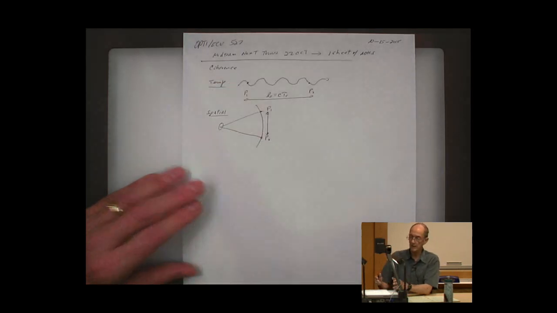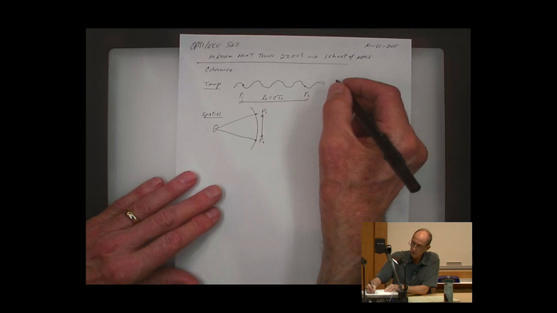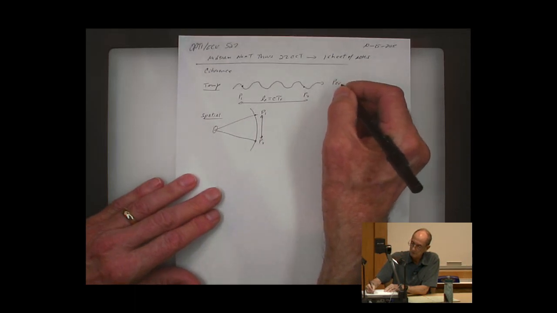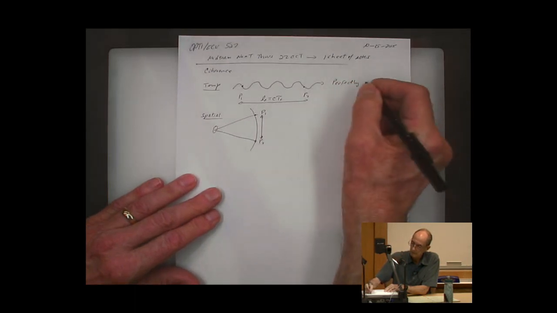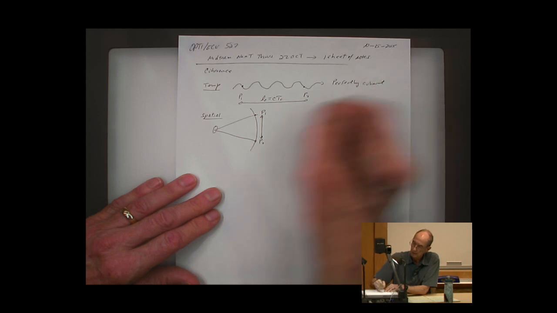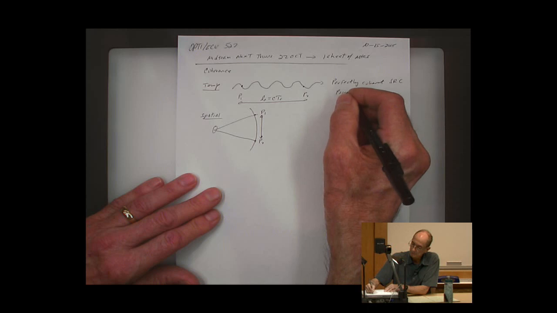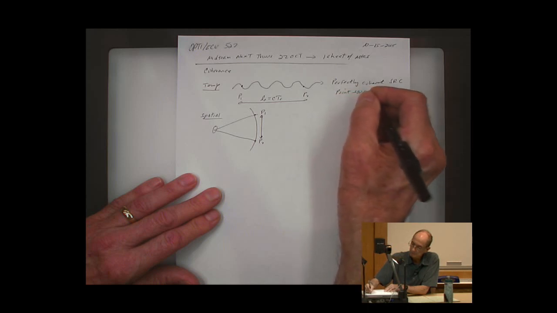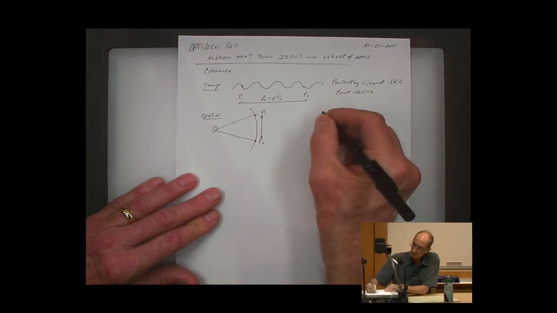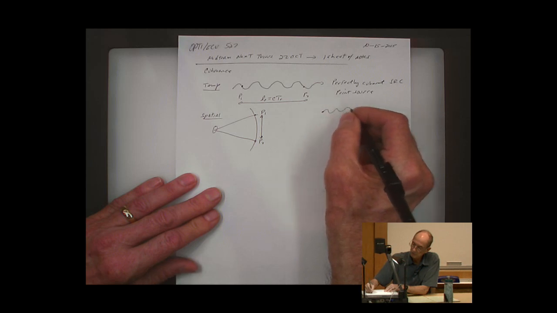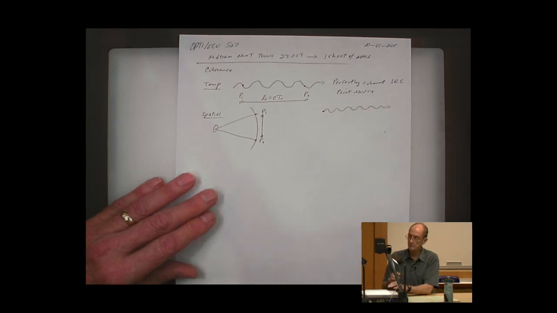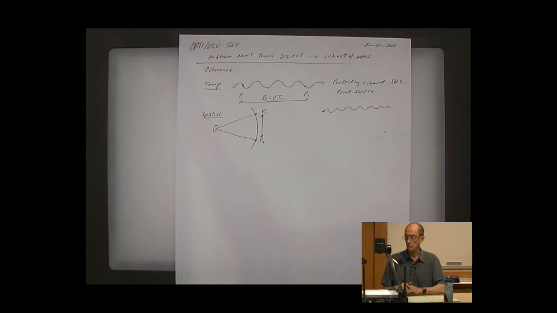Now, if we have a perfectly coherent source, that would be a point source that emits a single frequency electromagnetic wave for all time.